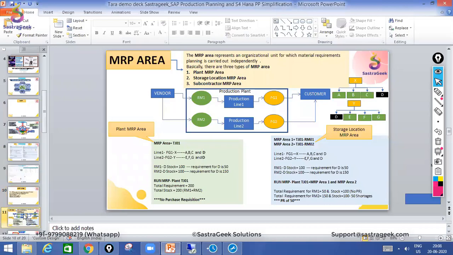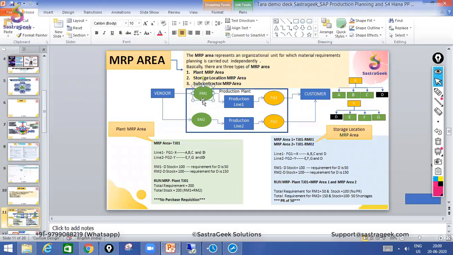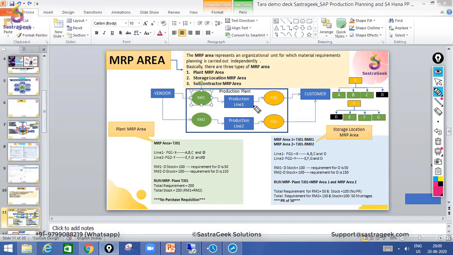Let's talk about one case study. The same plant we are discussing here, okay? Earlier also we took the same kind of example. Let's say this square is my one production plant where I have one raw material storage location. Then I have, let's say, two different production lines where I'm manufacturing two different products.